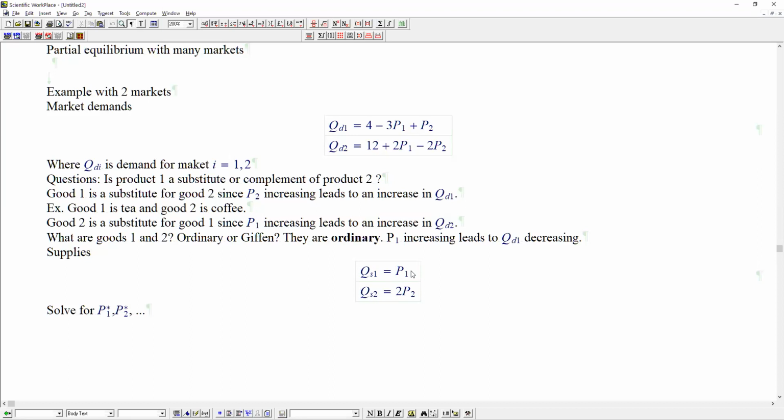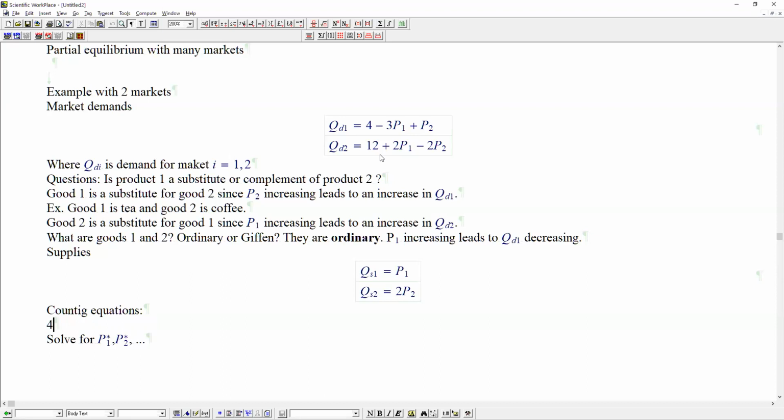By the way, just counting the equations there, I've got 1, 2, 3, 4. How many equations do I have?